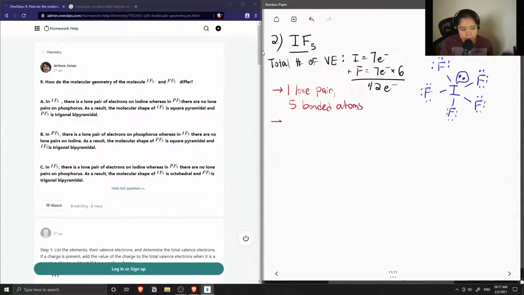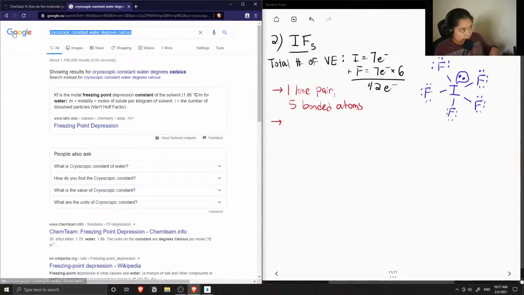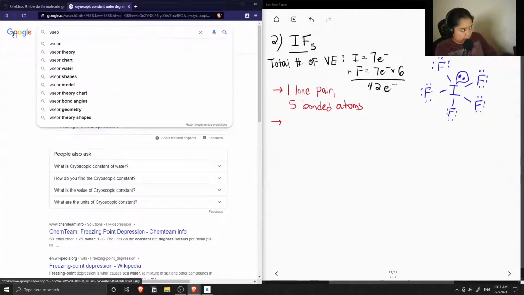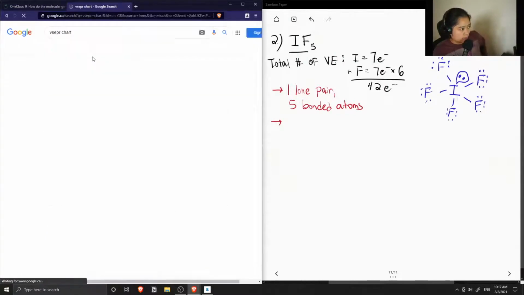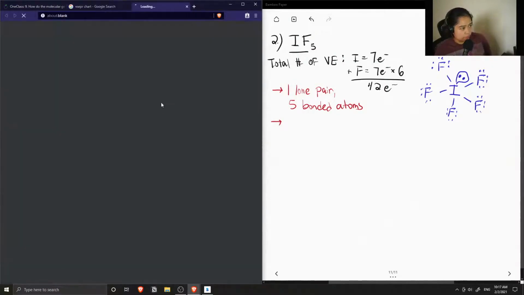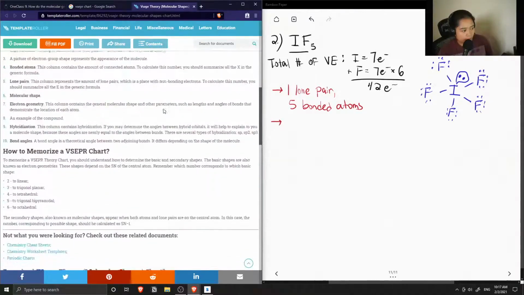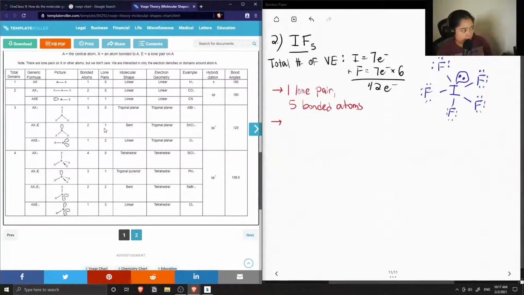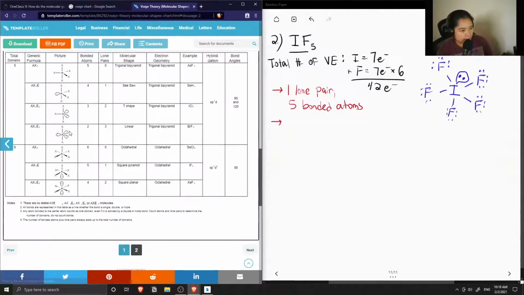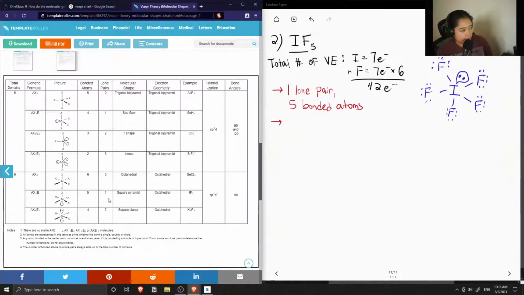So using a VSEPR chart, we can find out its molecular shape. Okay, so when a molecule has 1 lone pair and 5 bonded atoms, we get a square pyramid shape.